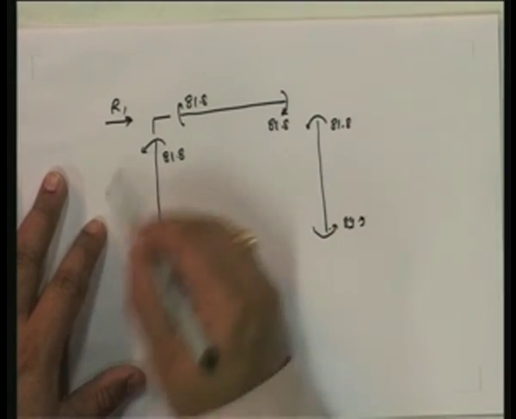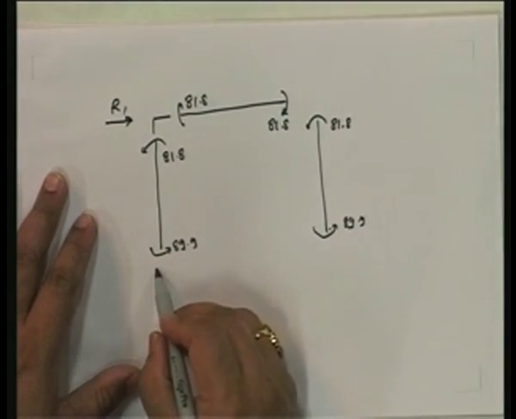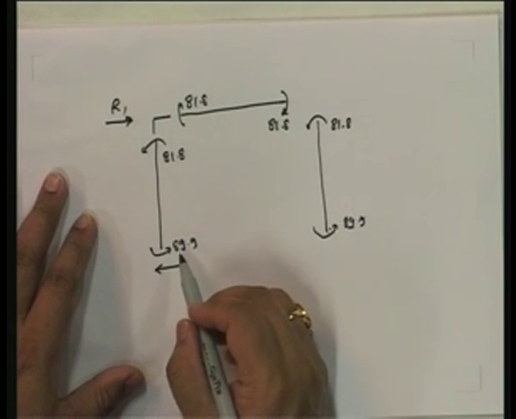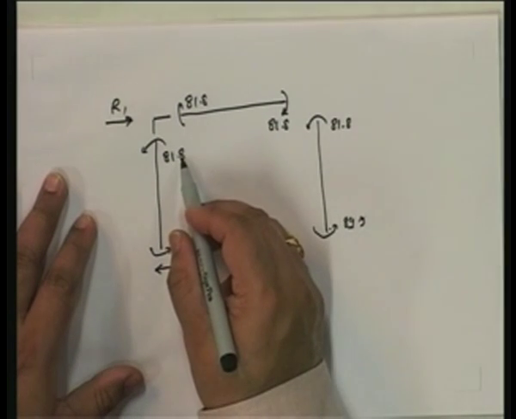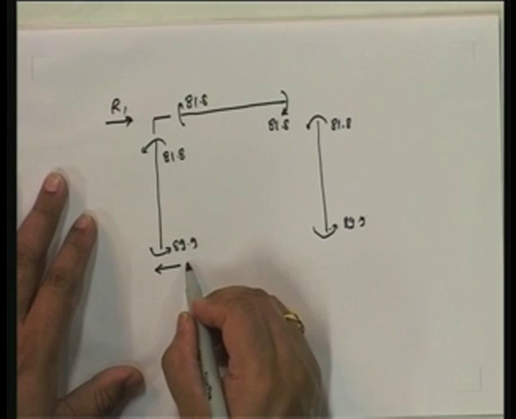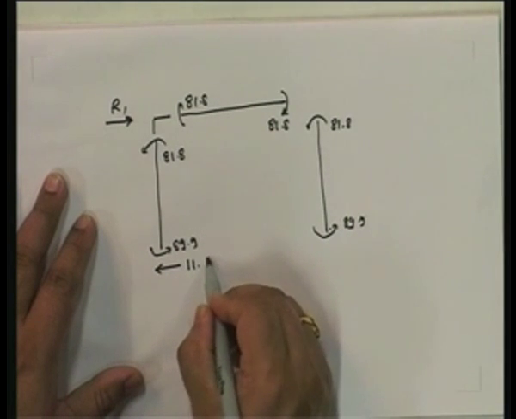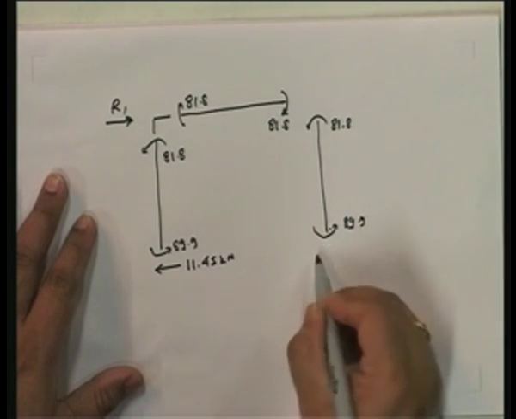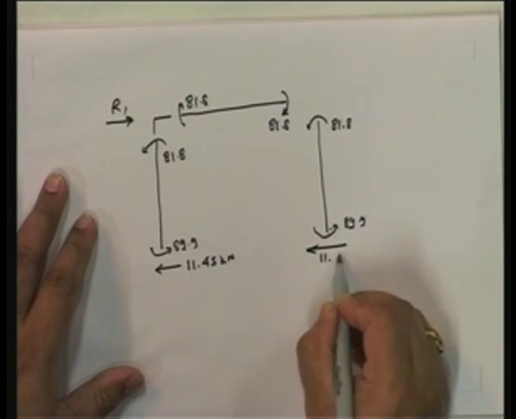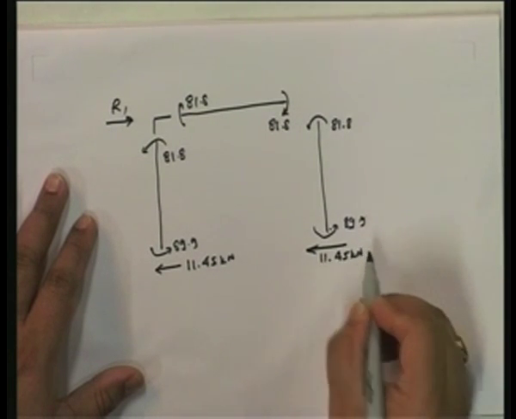Okay, and if we put these in, this one turns out to be equal to 89.9 plus 81.8 divided by 15, which turns out to be 11.45. Similarly here we get 11.45.